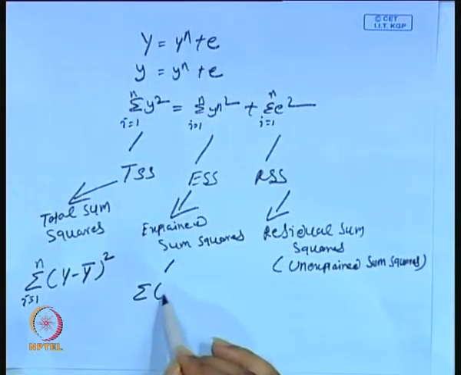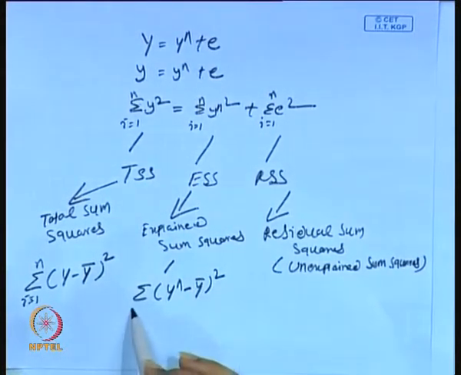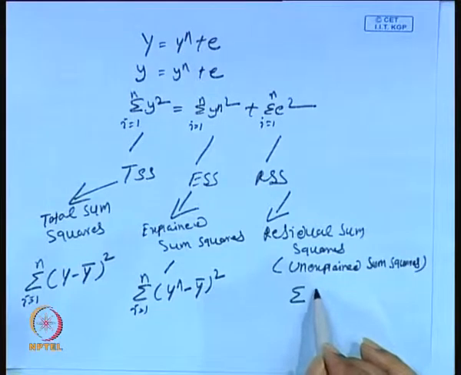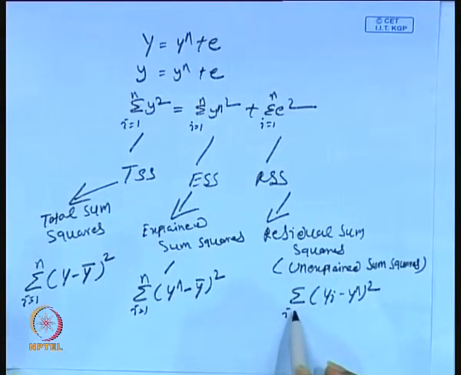This is summation (y hat - y bar) whole squared, i equal to 1 to n. Then this is summation (y_i - y hat) whole squared, i equal to 1 to n.